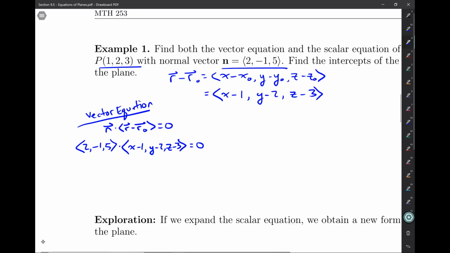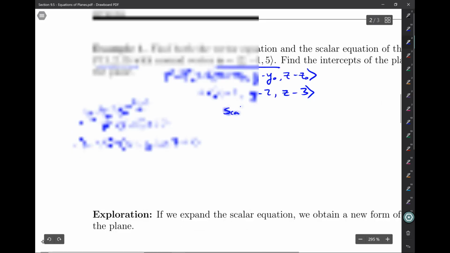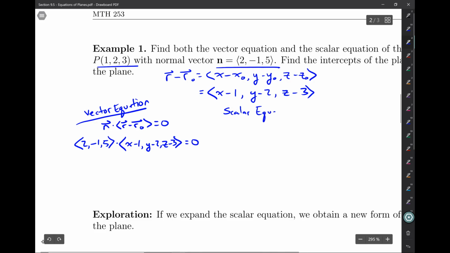In order to find our scalar equation, we take our vector equation and work out the dot product. If we take the dot product of 2, negative 1, 5 with x minus 1, y minus 2, and z minus 3, then we get 2 times x minus 1 plus, or rather minus in this case since our second component of n is negative, 1 times y minus 2, plus 5 times z minus 3.